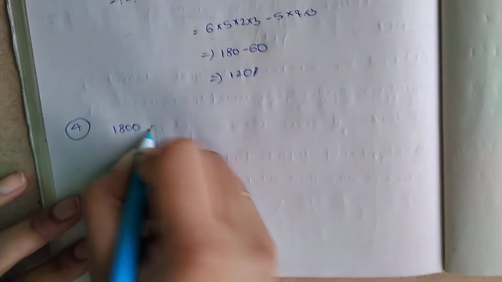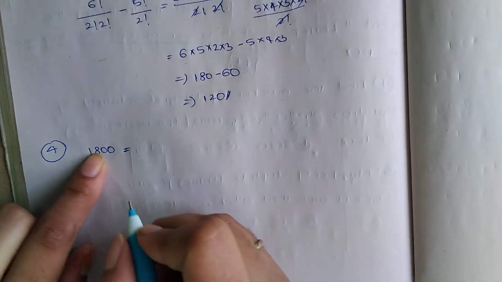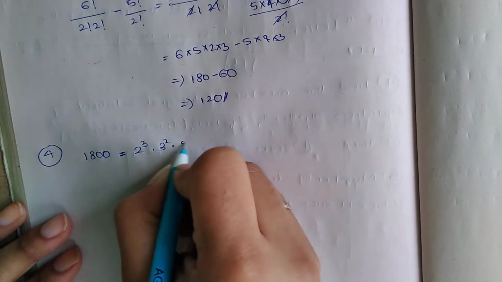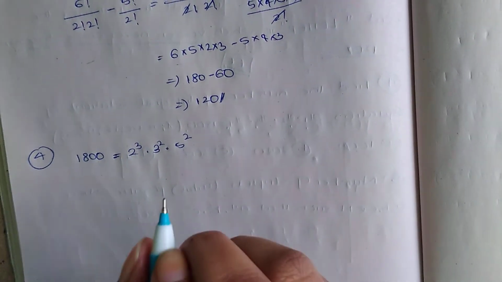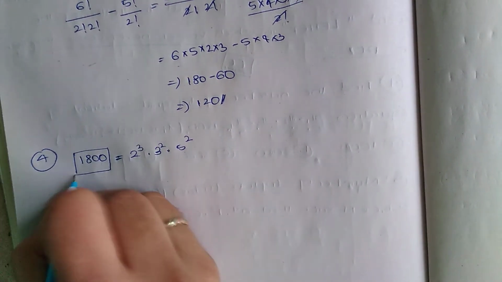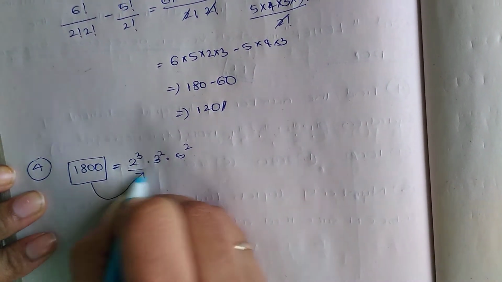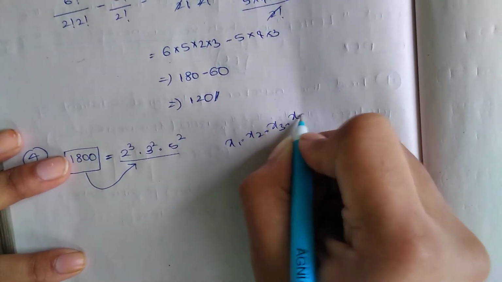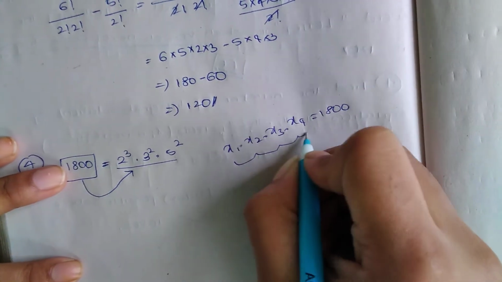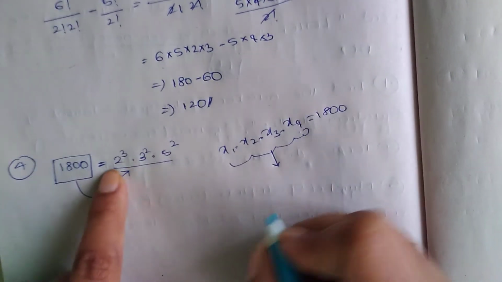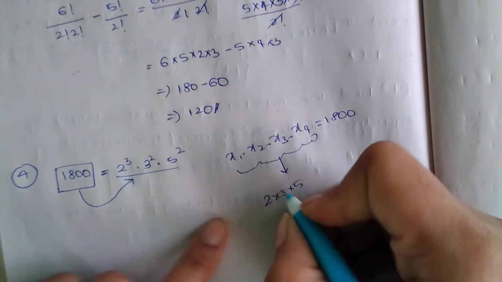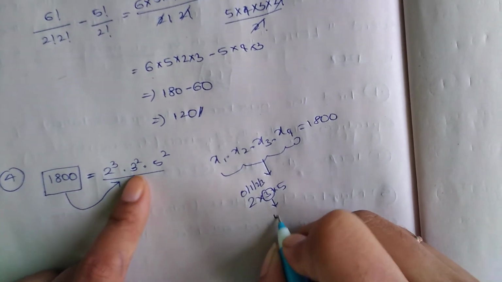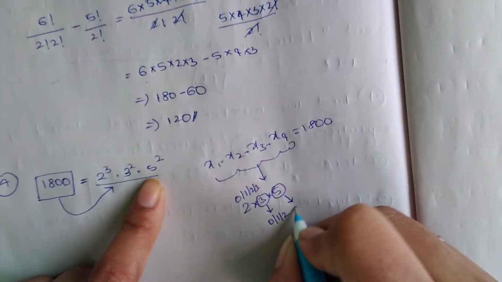First, do prime factorization of 1800. What do you get? 2 cube into 3 square into 5 square. If this is equal to x1 into x2 into x3 into x4, then each and every term should be in the form of 2 into 3 into 5 with powers. The power of 2 can be 0, 1, 2, 3. The power of 3 can be 0, 1, 2. The power of 5 can be 0, 1, 2.